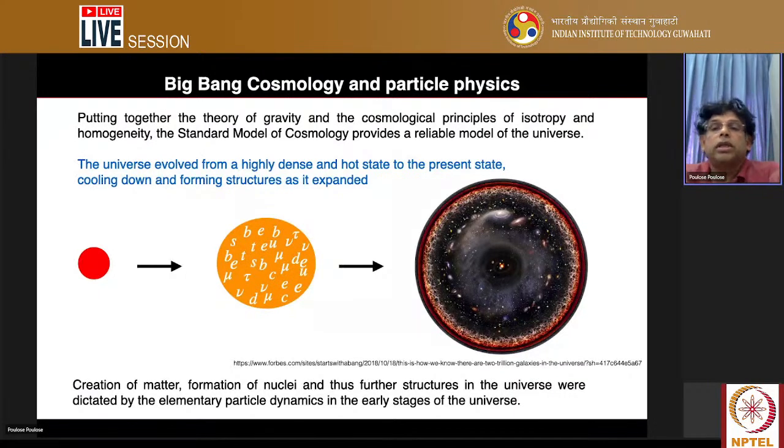And as we go on, the universe cools down, and then these atoms and things like that will come together to form bigger things.